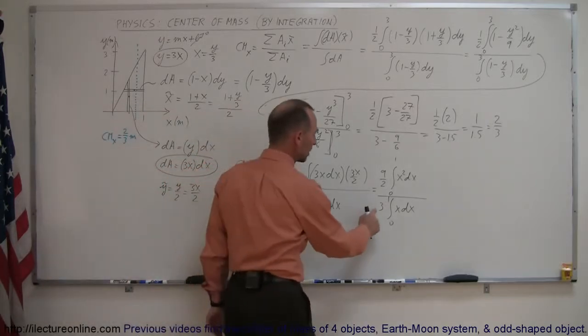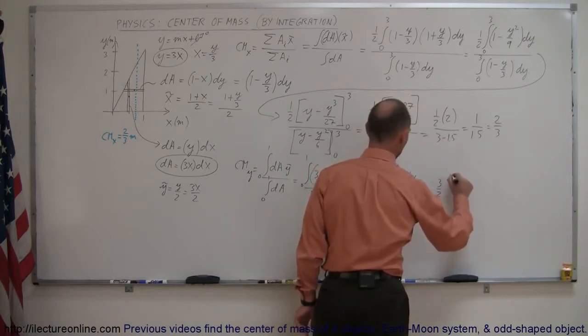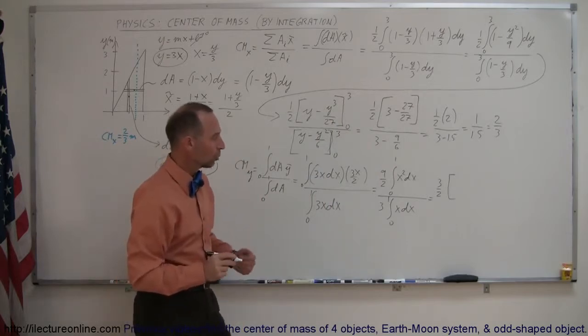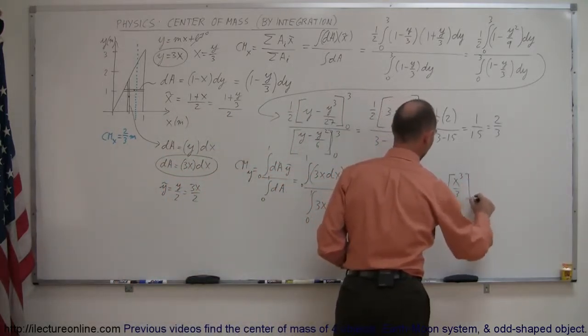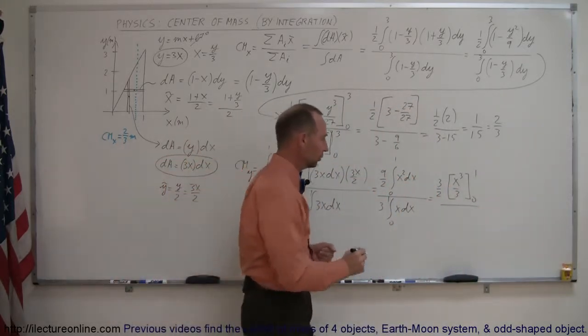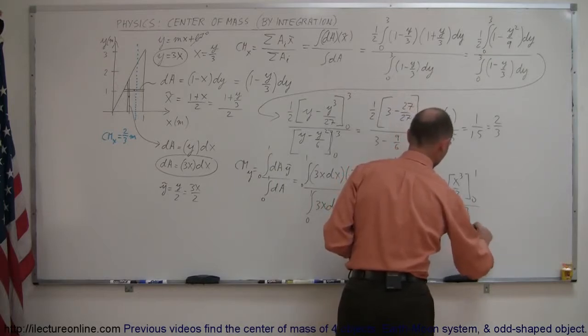And remember that 3 goes into 9 3 times. So that is equal to 3 over 2 times the integral of x squared dx, which becomes x cubed over 3, evaluated from 0 to 1, divided by the integral of x dx, which is x squared over 2, evaluated from 0 to 1.